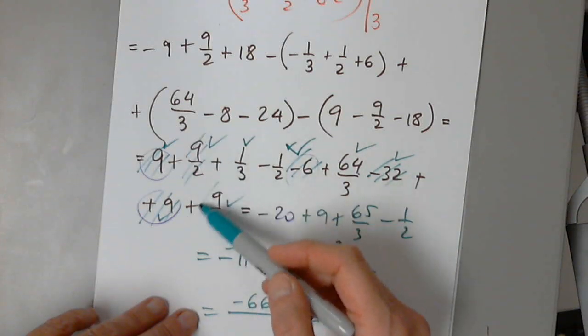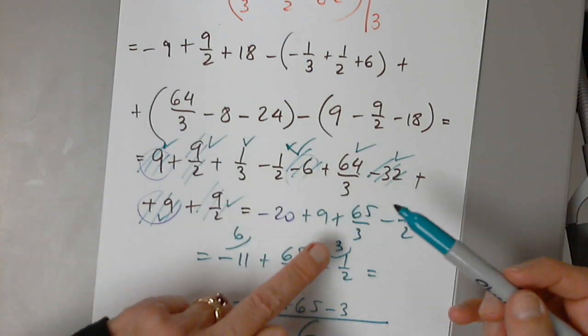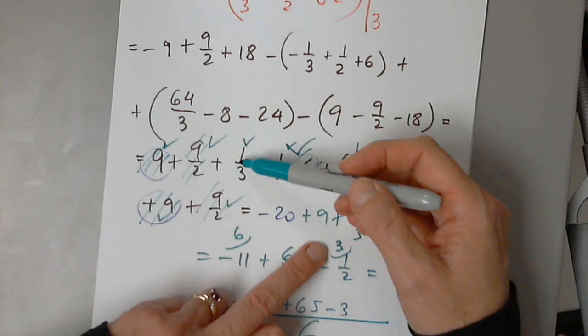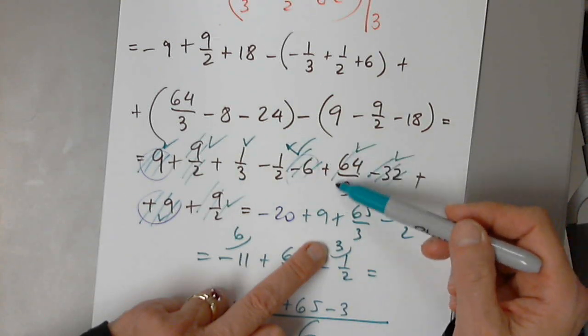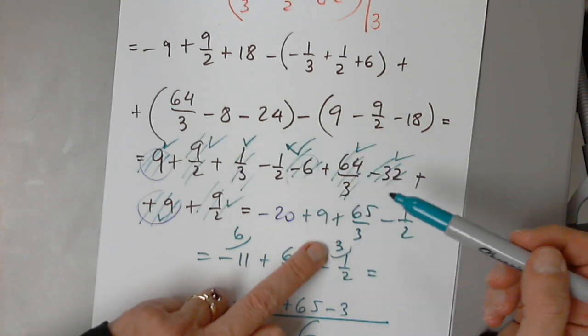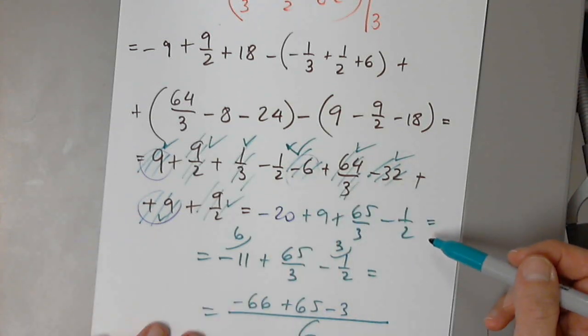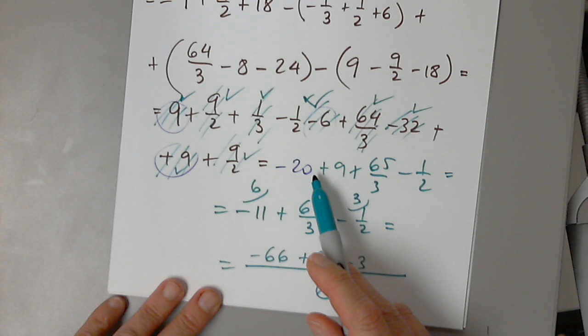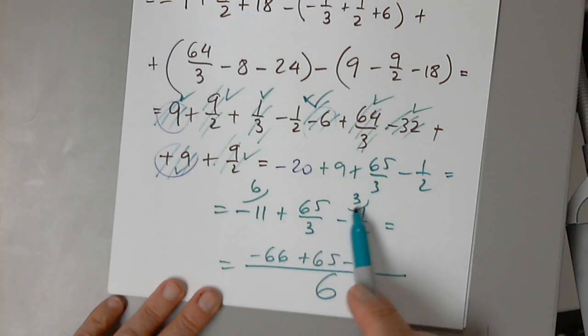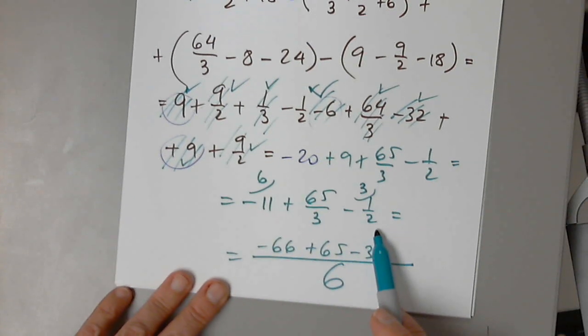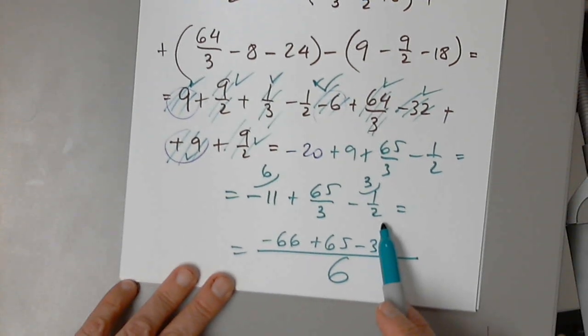Correct? This one. Then I have 64 over 3 plus 1 over 3, which is 65 over 3. So this is done. And then minus 1/2. I just copied it. So this is negative 11. This is 65 over 3, and this is minus 1/2. Is that okay?